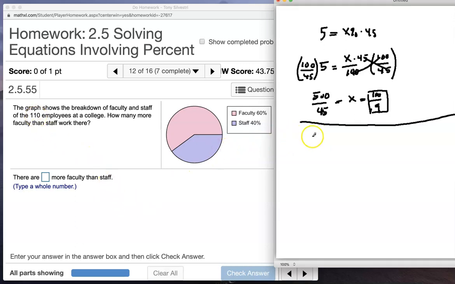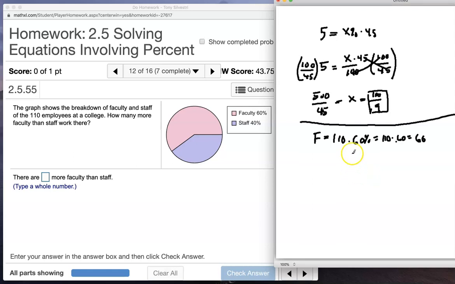Faculty is equal to 110 times 60%. 60% of 110, according to this graph, are faculty. So if I bang out 110 times 0.60, I should get 66 faculty.